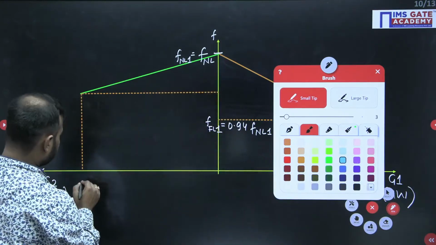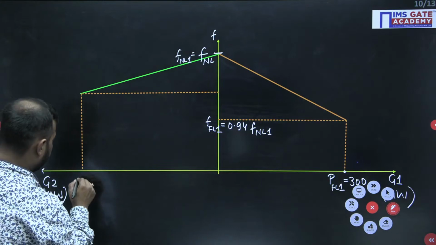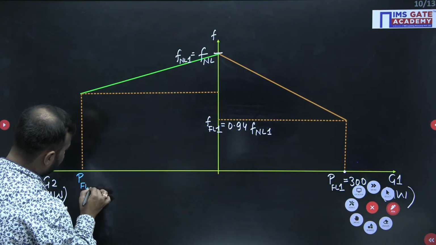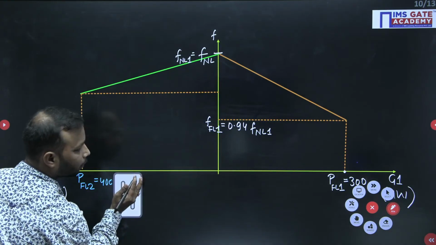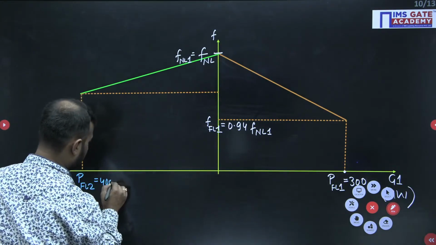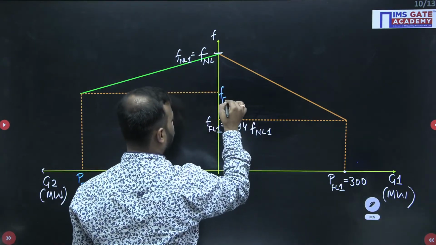So this value is 400 megawatt. Let me take P FL2, which is 400 megawatt. This is given as 400 megawatt, and this is F full load 2.